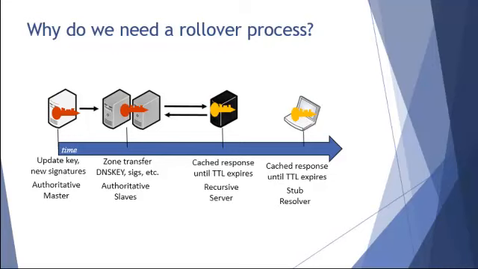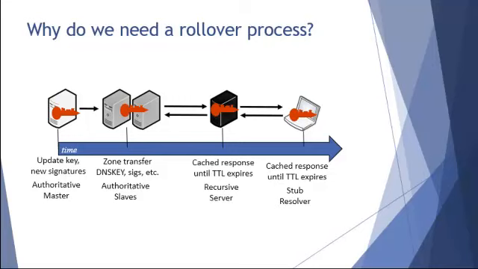So ultimately, when that cache expires on the recursive server, it will get the new DNS key record in the zone and be able to perform the validations. But for this reason, there is a state where you've got multiple keys out there for the zone, and therefore with zone signing keys, there's typically a pre-publish situation where you've got multiple keys published in a zone.